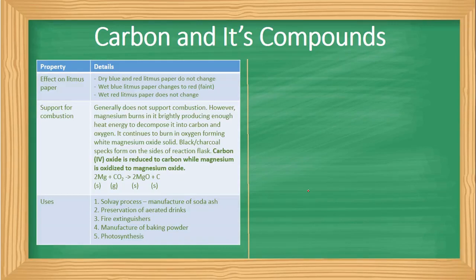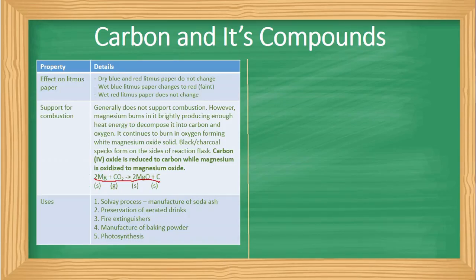Then some black specks, charcoal specks, are formed on the side of the reaction apparatus. This is because some carbon is produced as carbon 4 oxide is reduced to carbon, while magnesium is oxidized to magnesium oxide. This is as per the reaction that you can see here in this chemical equation.